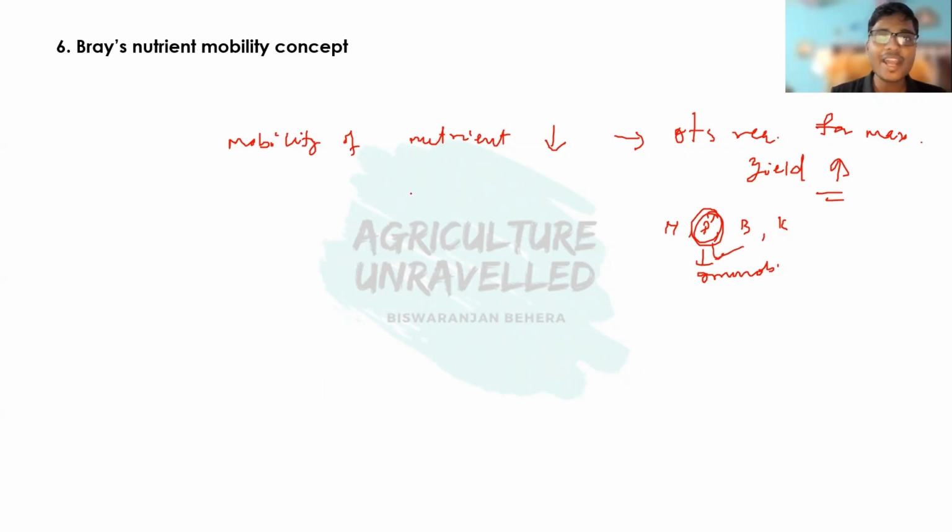Bray modified the Mitscherlich equation. The Mitscherlich equation is log(A minus Y) equal to log A minus cx.